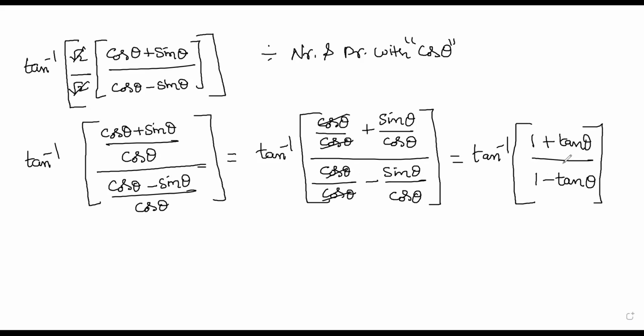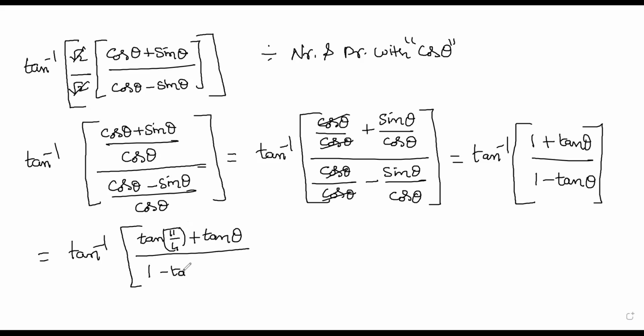Now we just discussed what 1 plus tan theta by 1 minus tan theta becomes. What we do here is tan inverse of, instead of 1 we will put tan pi by 4. So tan of pi by 4 plus tan theta divided by 1 minus tan pi by 4 into tan theta.